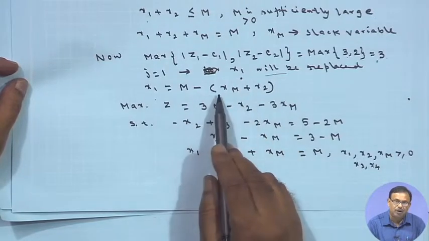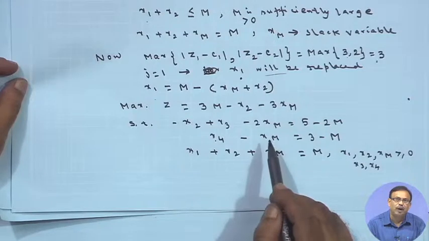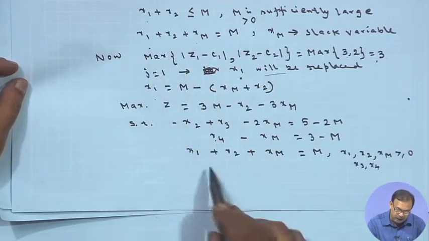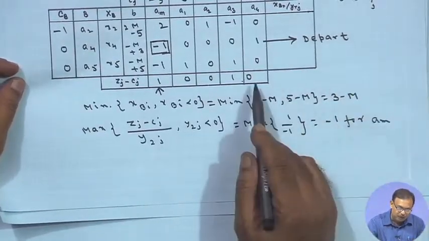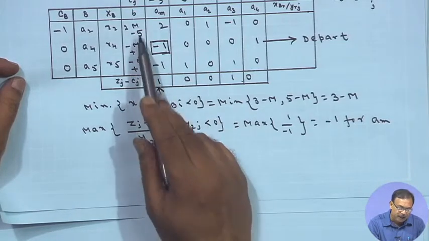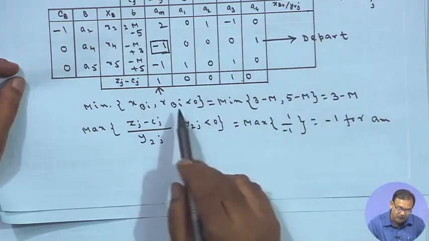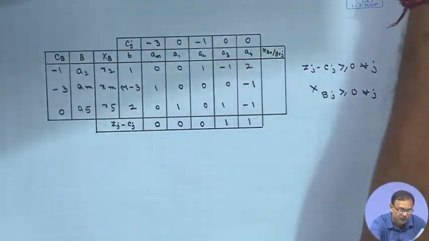So we replaced x1 in the original objective function as well as the original constraints, and in the new constraint the variable x1 was present. Then we formulated the new simplex table. Then we saw that xbj is less than 0 here. So we find the departing variable and the entering variable, and we repeat the process.